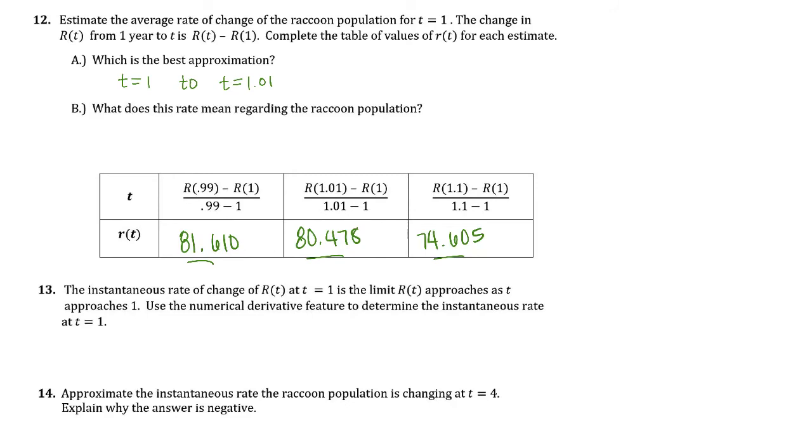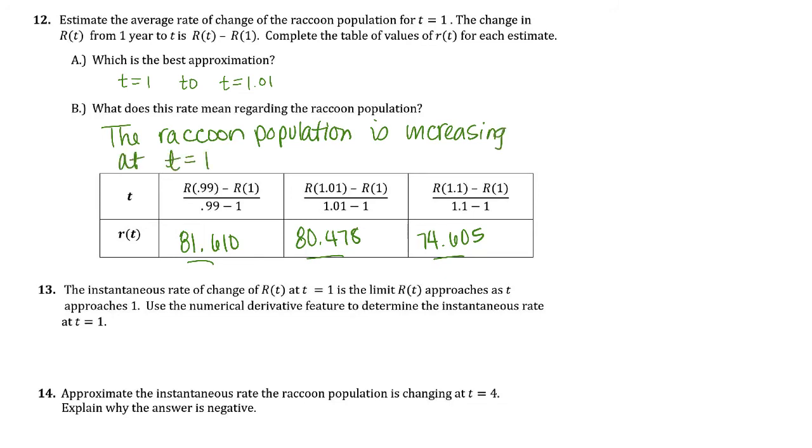So if they're positive, then we know from above, looking at the previous example, number 11, that the raccoon population is increasing at T equals 1 year.